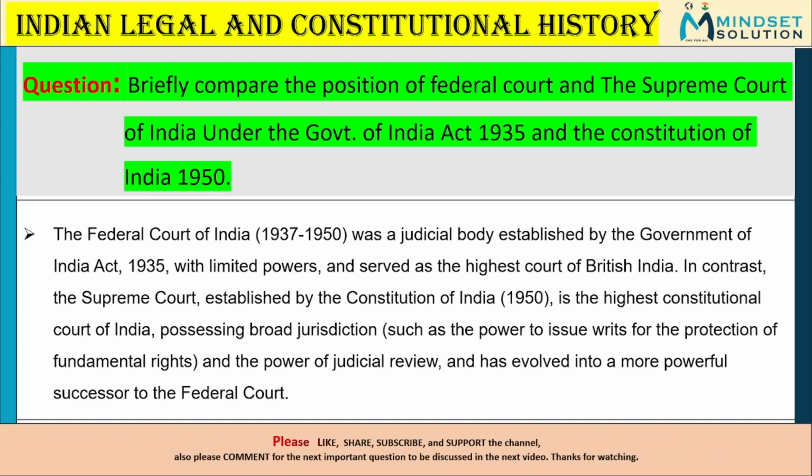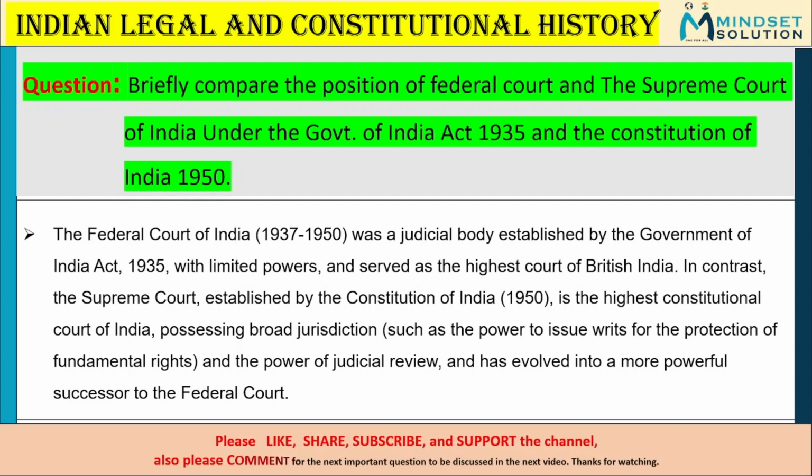So in this paragraph, we understood that the Federal Court was established in 1937 and it has limited powers. It is the British India Federal Court of India, made by the British.